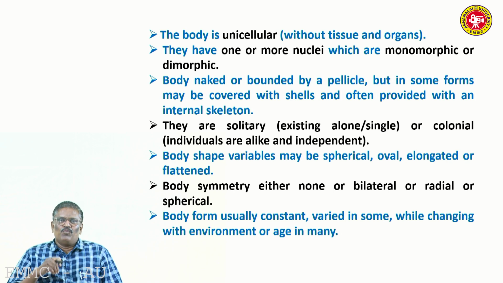They have one or more nuclei, which are monomorphic or dimorphic in nature. The body is naked or bounded by a pellicle, but in some forms may be covered with a shell and often provided with an internal skeleton.